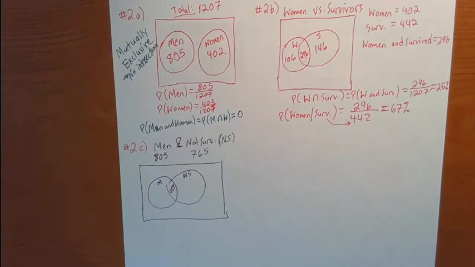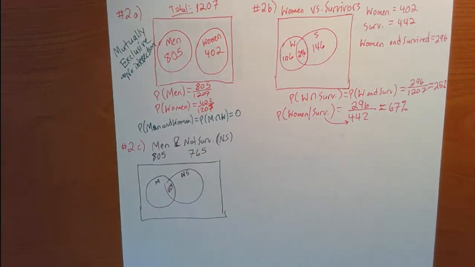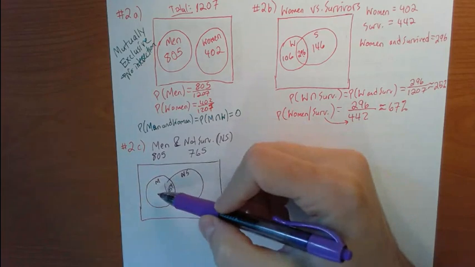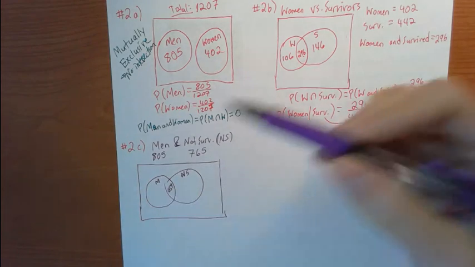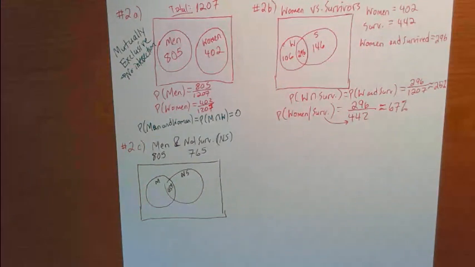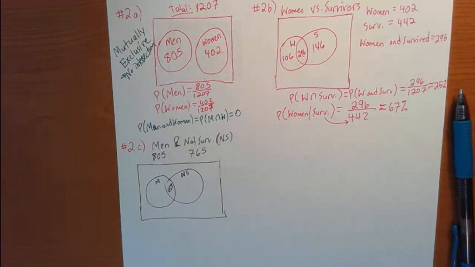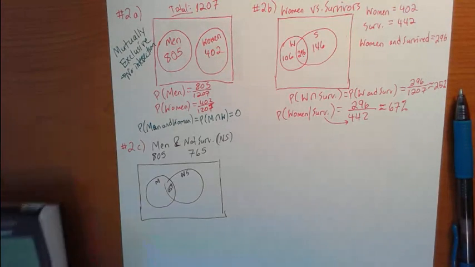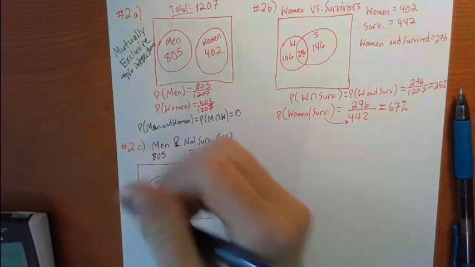So 765 people didn't survive. So we just need to fill in the rest of our missing pieces from our Venn diagram here. And so we have our men's circle is 805 total. So out of that, we take away the 659. We get 146 left over.